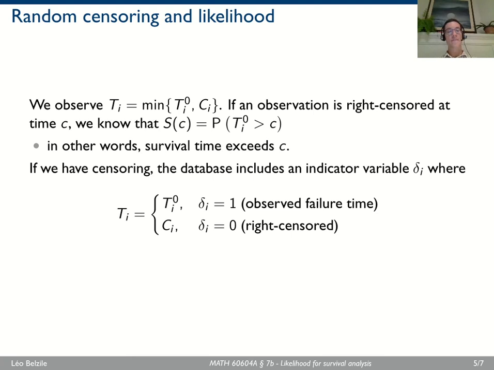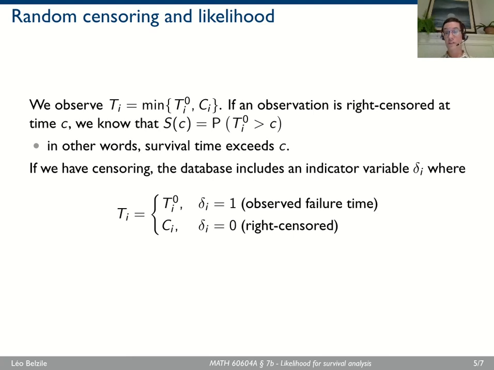So if you have censoring, rather than just having a column in your database for the response time t, you'll have a dummy variable delta that indicates what this time represents. Typically if delta is 1, that means you've observed the failure time.